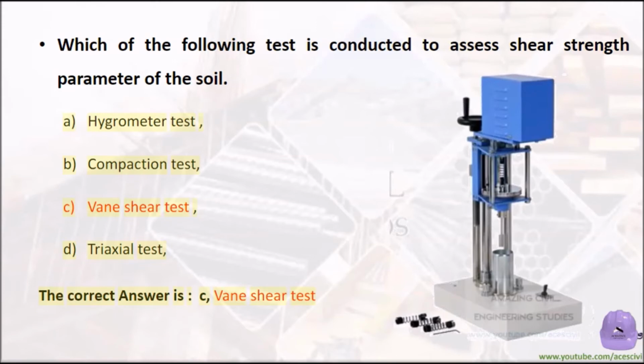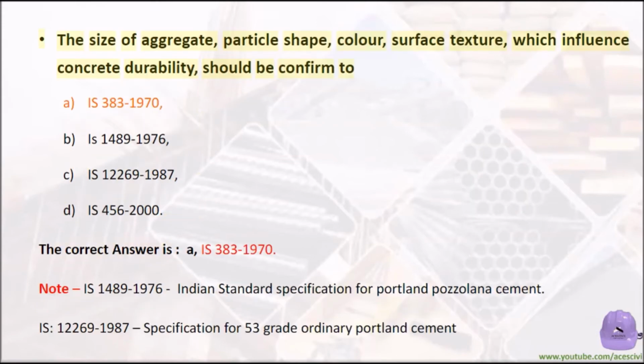Vane shear test. The size of aggregate, particle shape, color, surface texture, which influence concrete durability, should be conformed to: A. IS 383-1970, B. IS 1489-1976, C. IS 12269-1987, D. IS 456-2000.